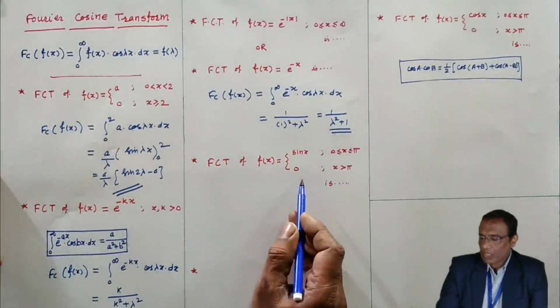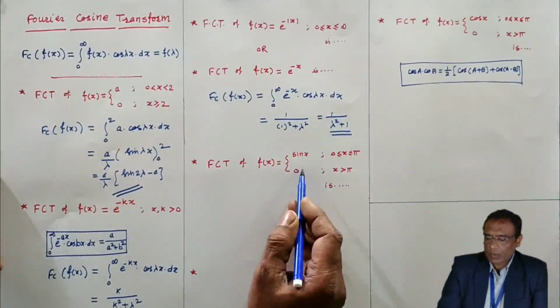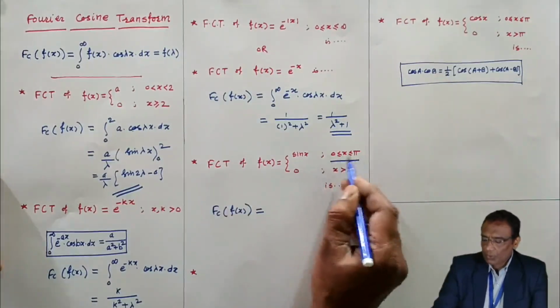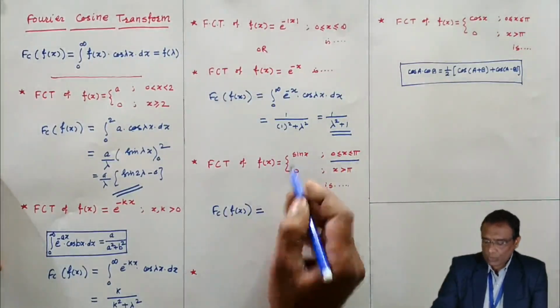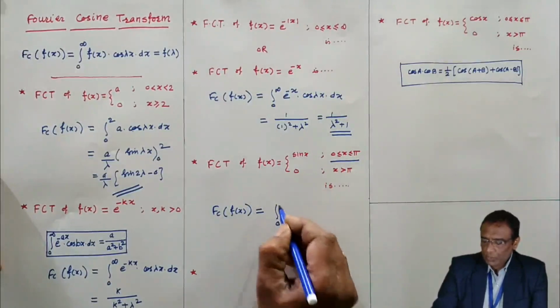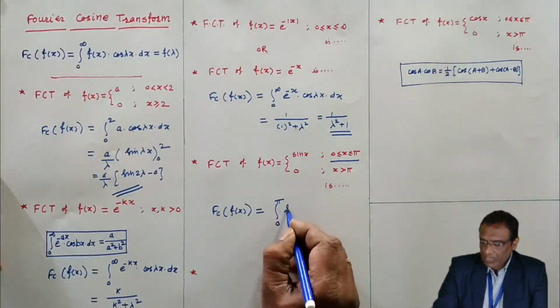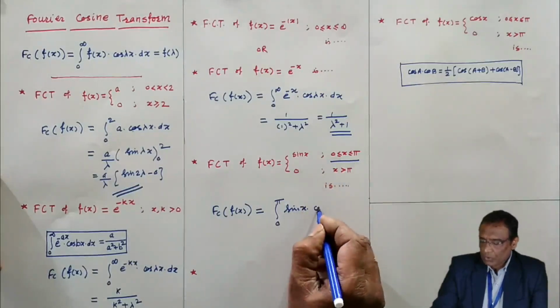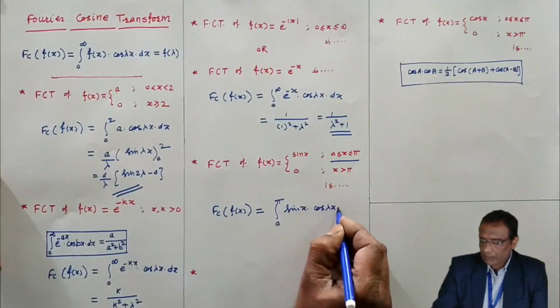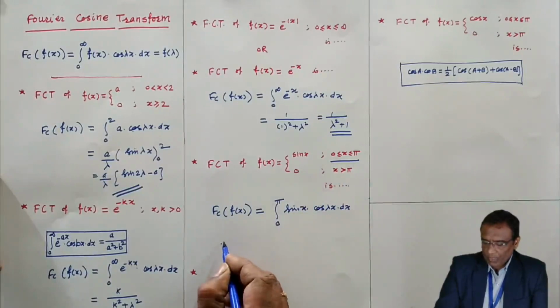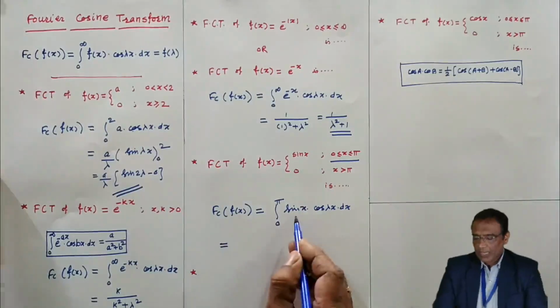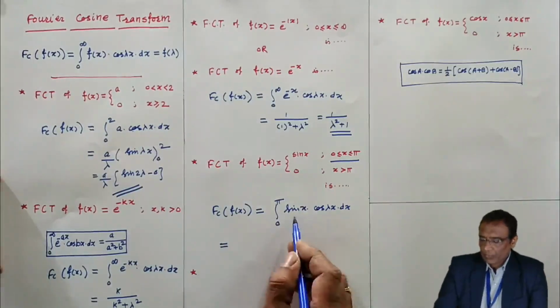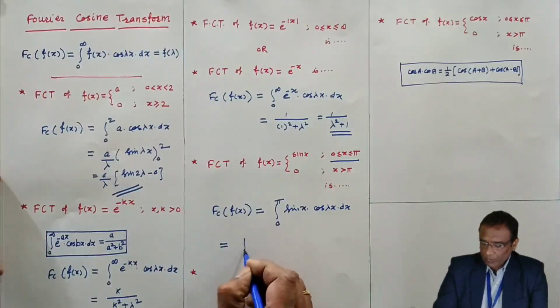Here the Fourier cosine transform of sin x, now limits 0 to pi, where f(x) has a non-zero value. Here I am writing 0 to pi directly. f(x) I am writing directly for this range. cos(lambda x) dx. Fourier cosine transform. Now use the sin a cos b formula. What is the sin a cos b formula?